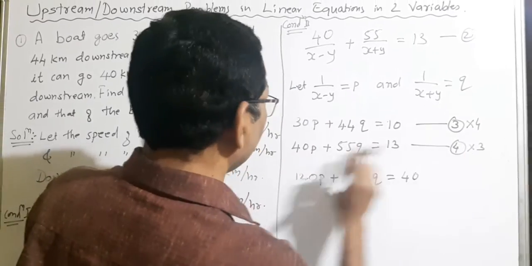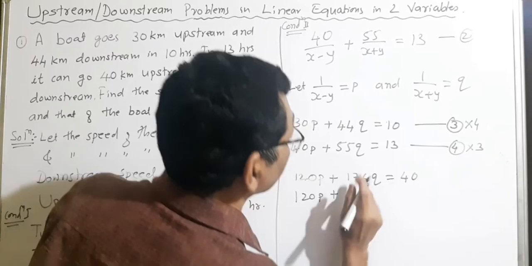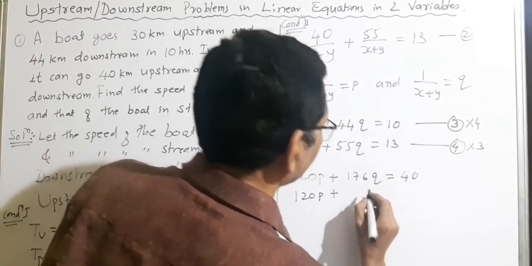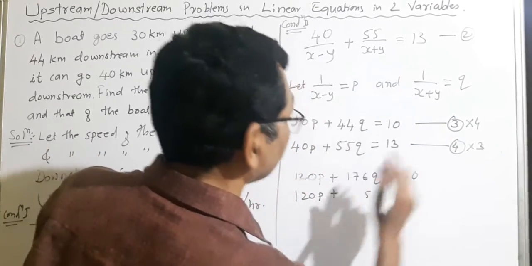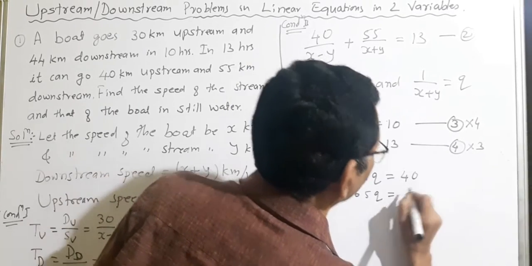And here 3 into 40 is again 120p, plus 55 into 3 is 165q, is equal to 13 times 3, which is 39.